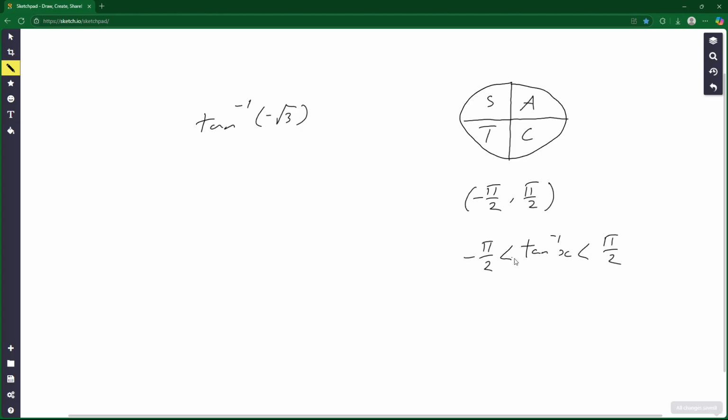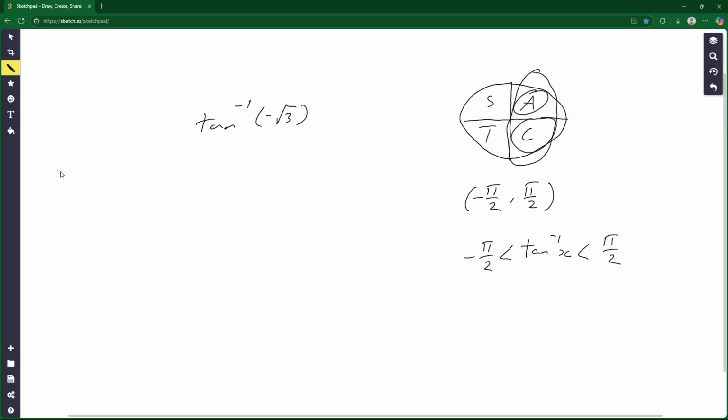So now that we know that, we know that the answer is going to be somewhere within here. It can't be in the first quadrant because cosine, sine, and tangent are all positive in the first quadrant. So that means our answer is going to be somewhere around here.